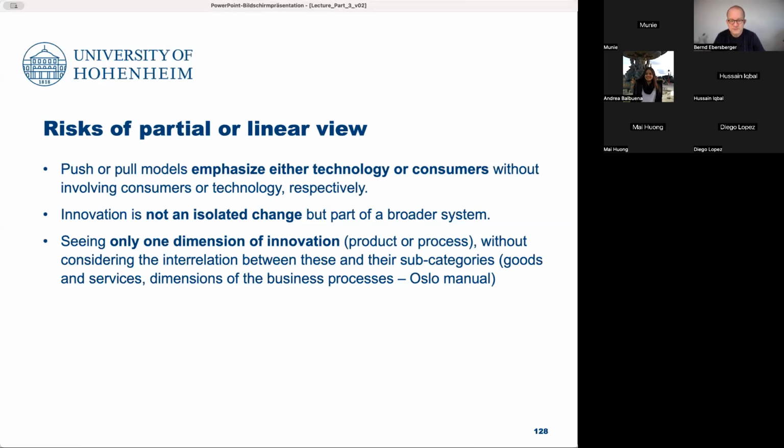or linear view. As I said, the push model or the pull model emphasizes only that either it is technology that drives the innovation process, or it's the demand, or it's the consumers that drive the innovation process. And of course, this is a little bit short-sighted.